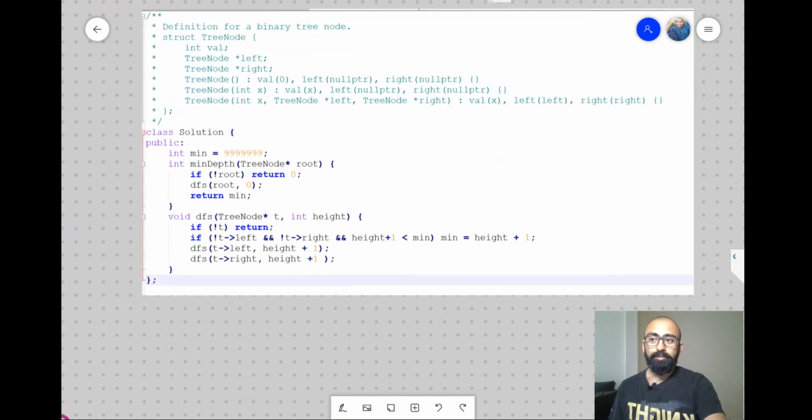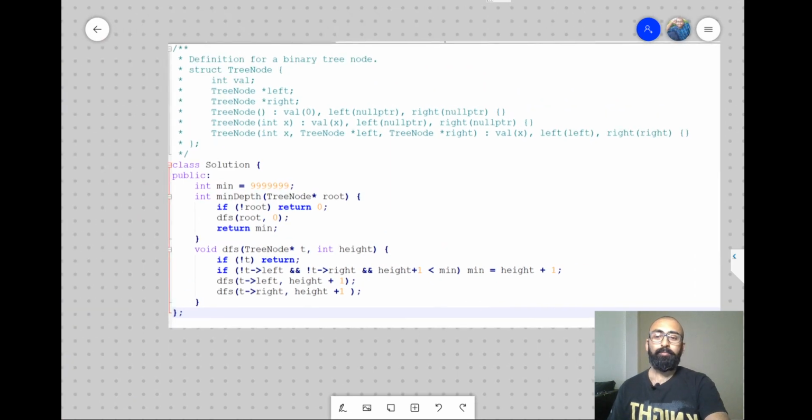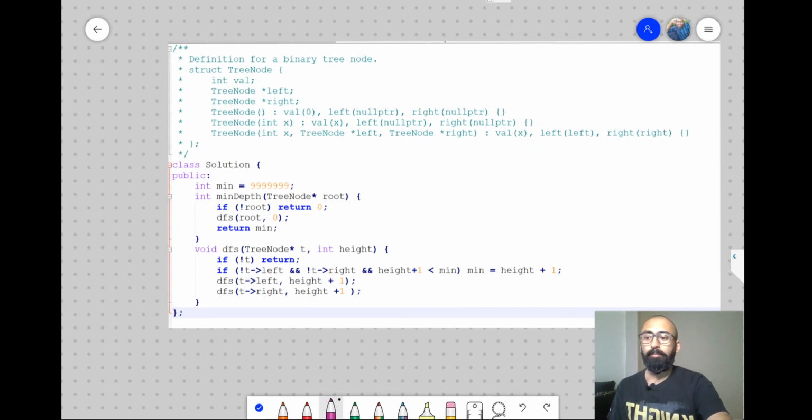So the code is not mine. I've taken it from one of the Leetcode submissions. I thought this was the easiest to follow, so let's look at it. We talked about a minimum value, right? And that minimum value is defined here. That's where you start off.